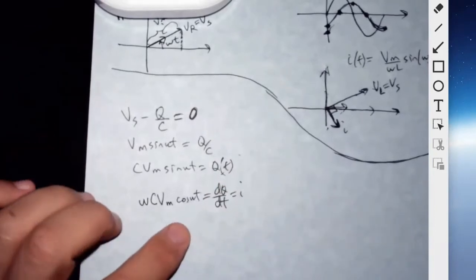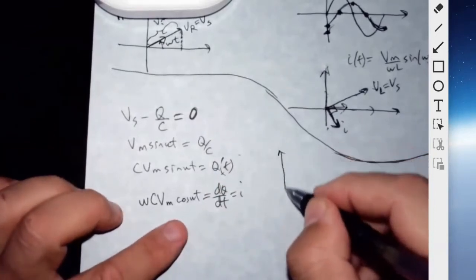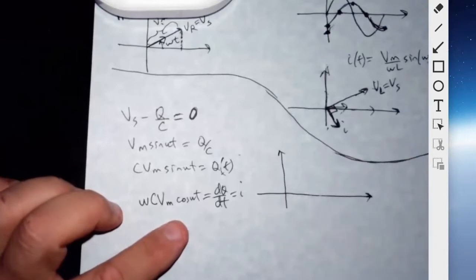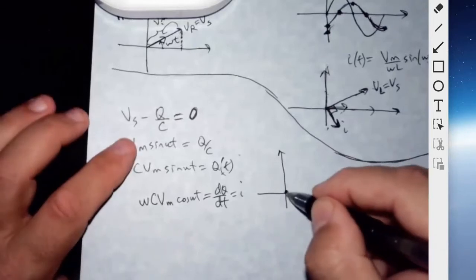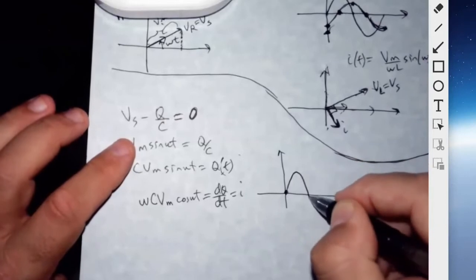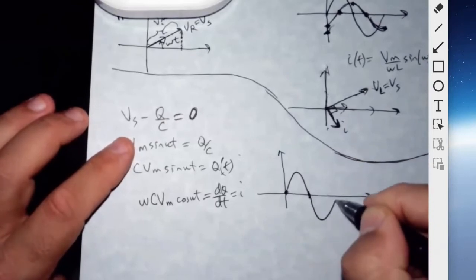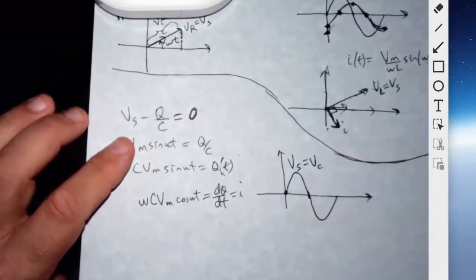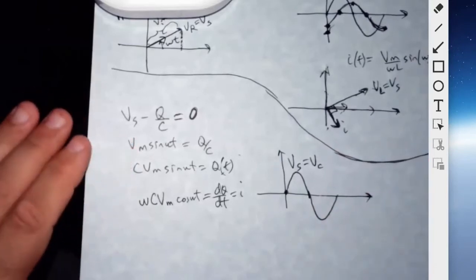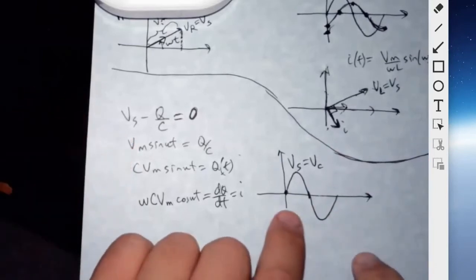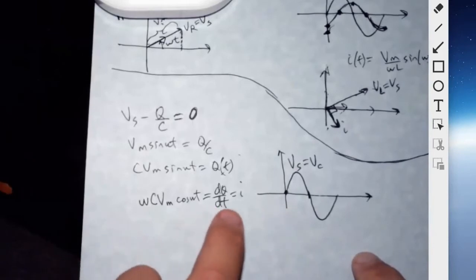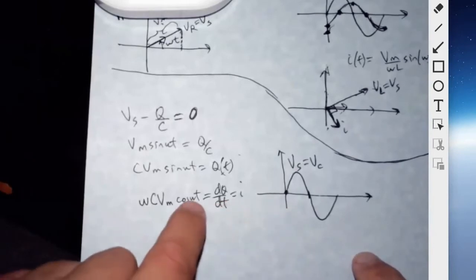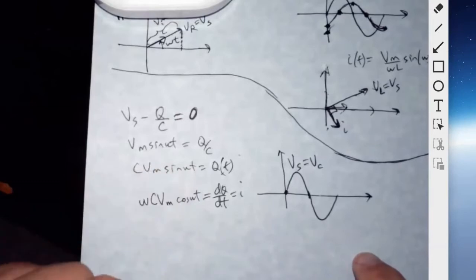Okay, so now how will that look? On the oscilloscope, the source voltage will look like this again. V source, and it will also equal V of capacitor. Now the current will be a cosine function, not a negative cosine.